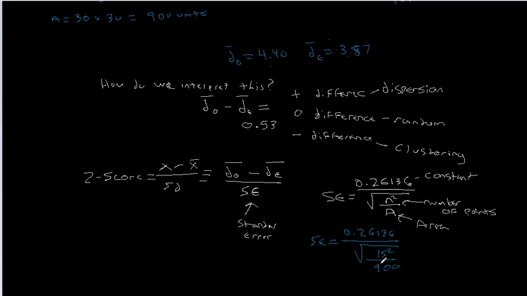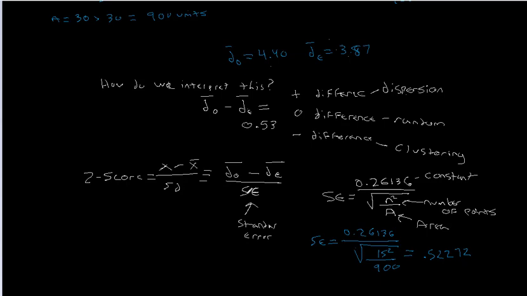So hopefully none of these numbers are new to you. You can see the area came from the area of the study area, and the 15 points we already calculated. So if you do the arithmetic here, you get a value of 0.5272. So this is our standard error.